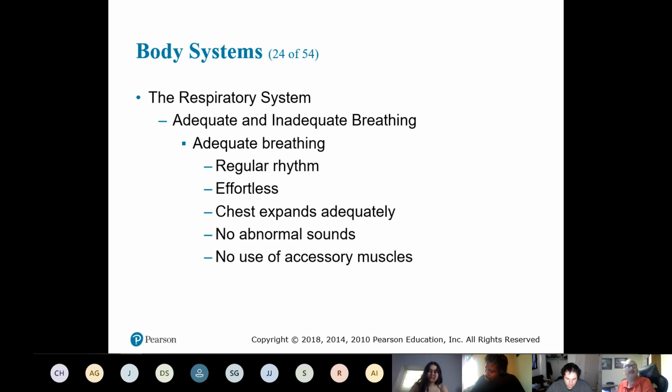Now, other things for adequate breathing. And a lot of you are muted, so we can't really hear it. But think about the area. If you have people around you, or just think about being in class. If you listen in, do you hear anybody breathing?